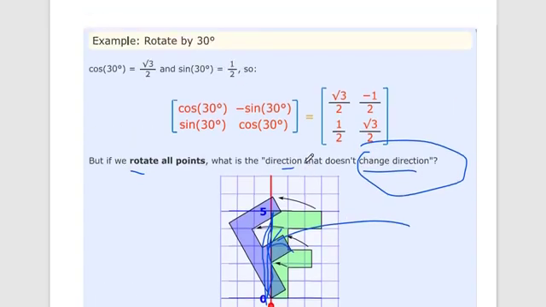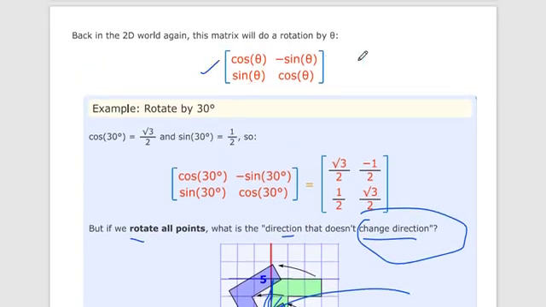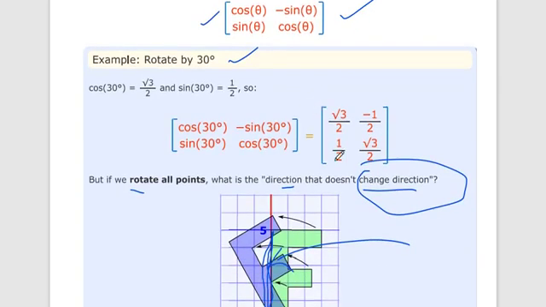Now let's say this is the matrix cos theta, sin theta, minus sin theta and cos theta. If we want to rotate by 30 degrees, what is the vector that does not change under this 30 degree rotation? We have to find this vector.